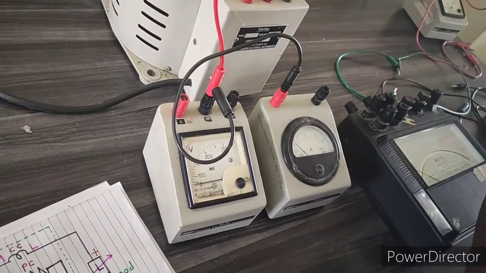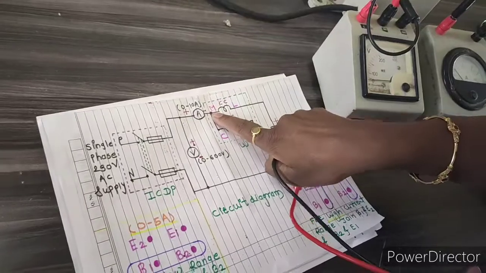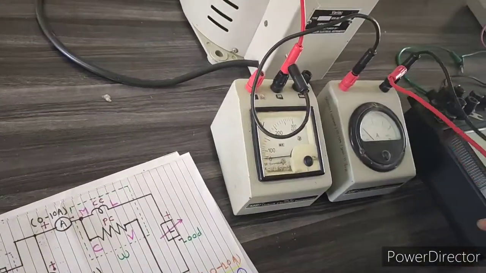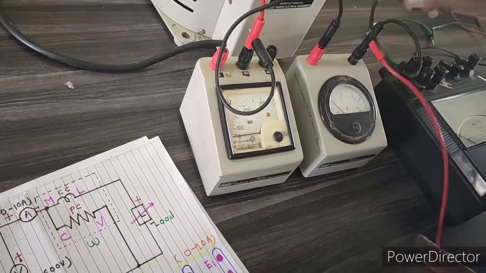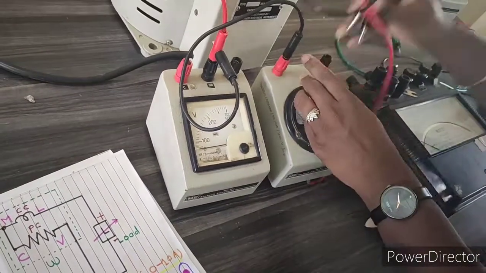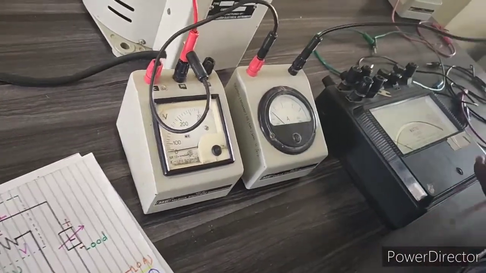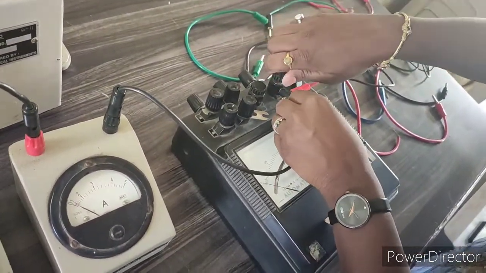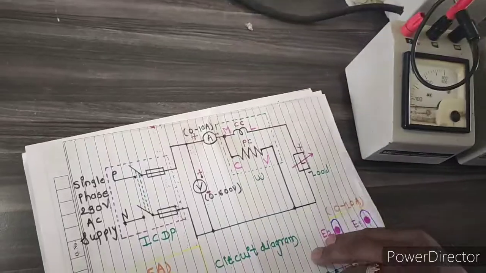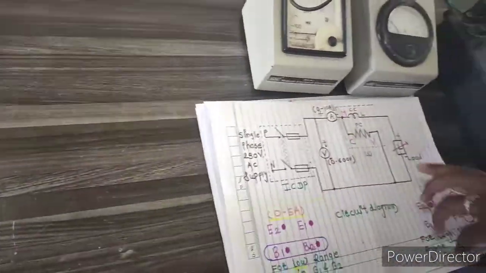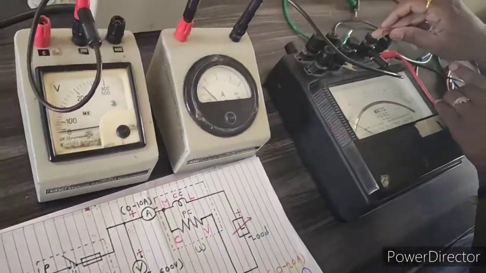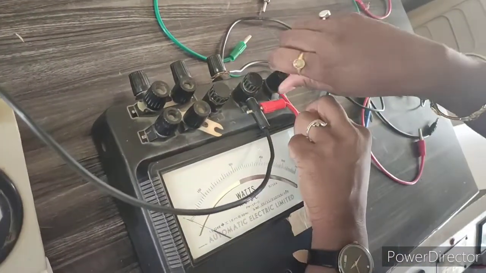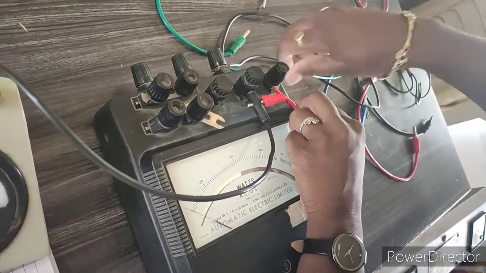The ammeter negative terminal will connect to the M terminal. Next, this M and C terminal should be short circuited. So this M and this C terminal will be short circuited.